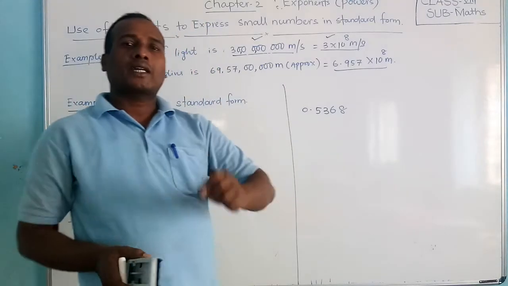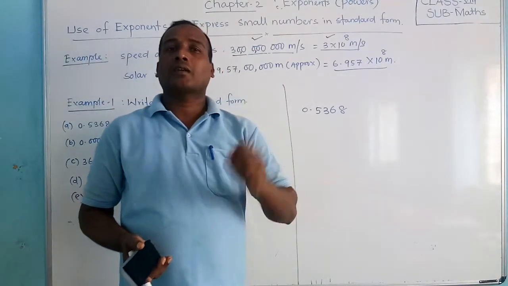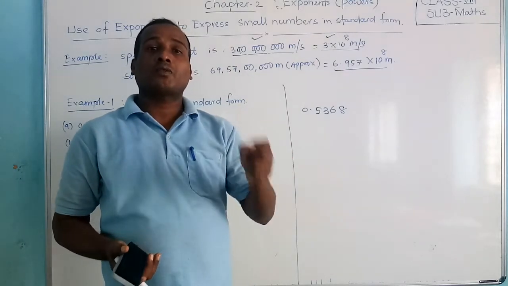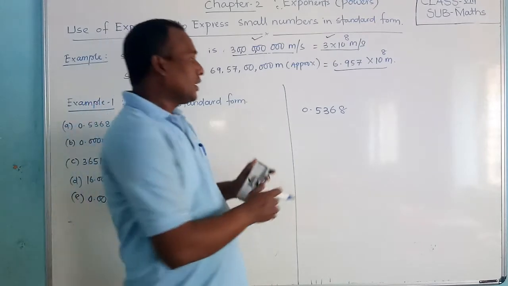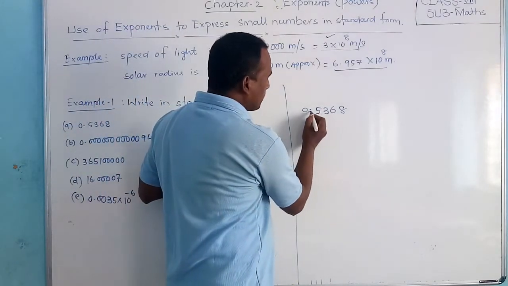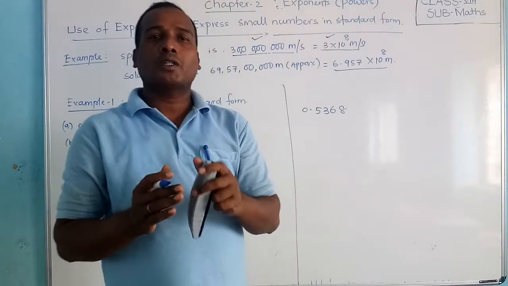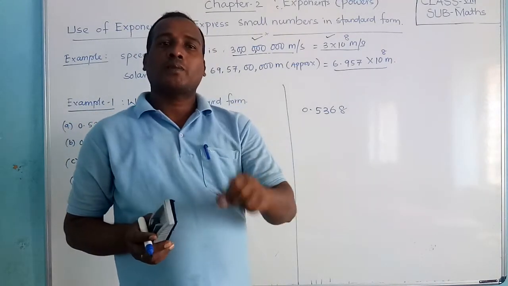Remember students, standard form means one whole number digit should be before the decimal point. The decimal point will come after that one whole number digit.